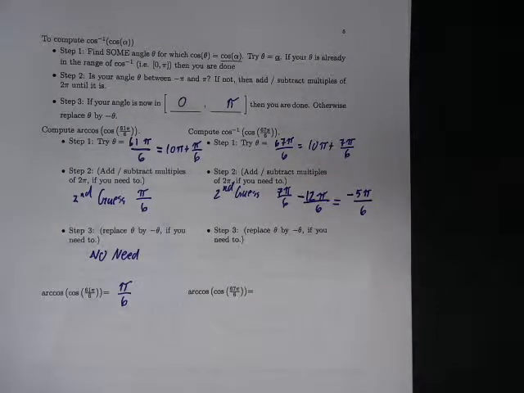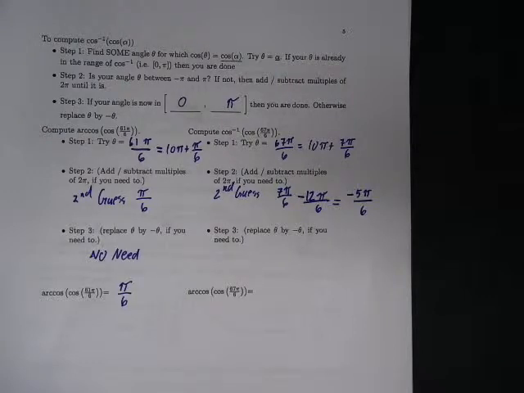Is that number now between negative pi and positive pi? And that's all we ask for in step 2. So there's our second guess. Negative 5 pi over 6, is that in between 0 and pi? No. But how can we turn it into something that is between 0 and pi?